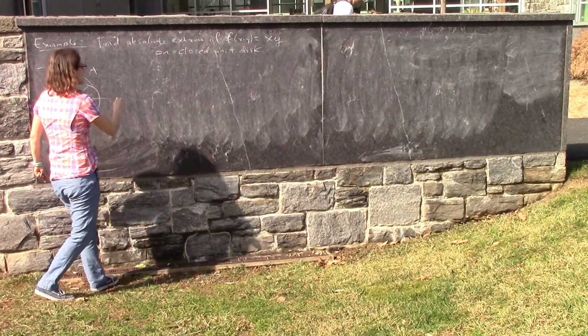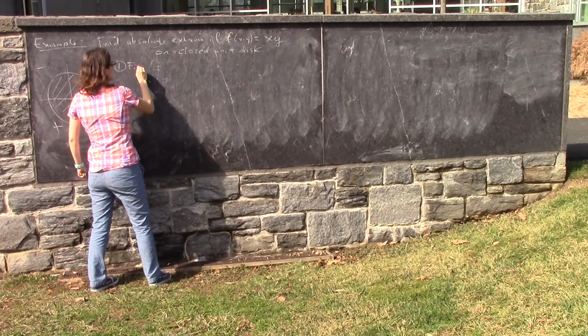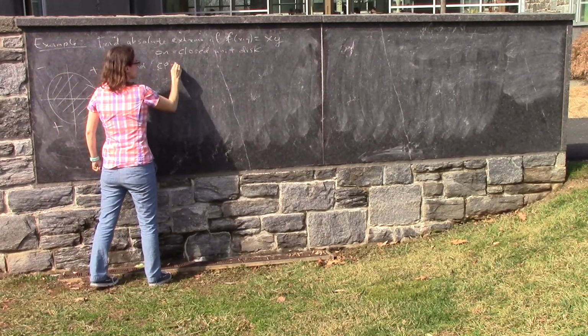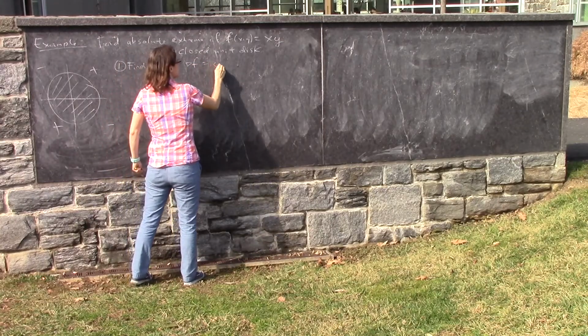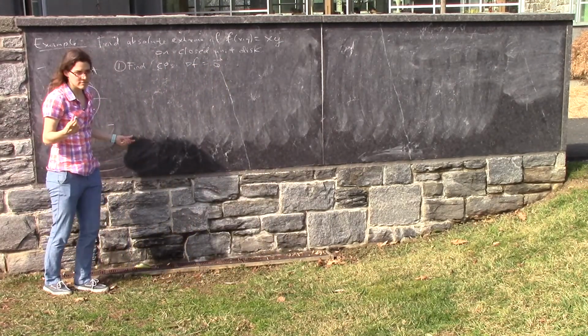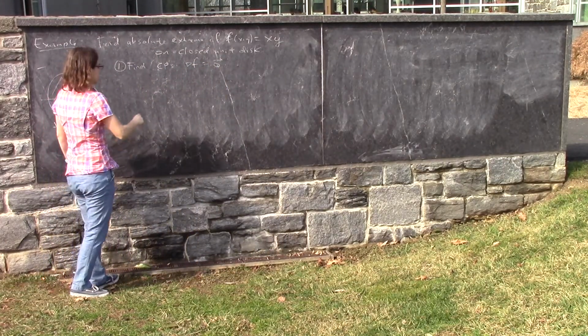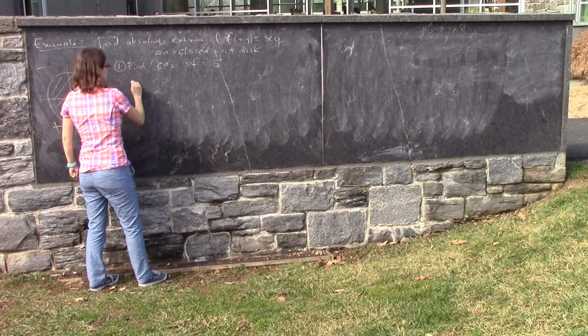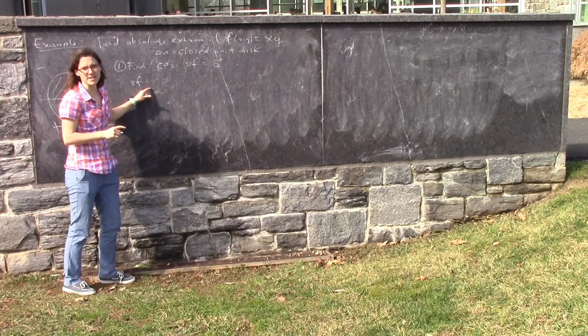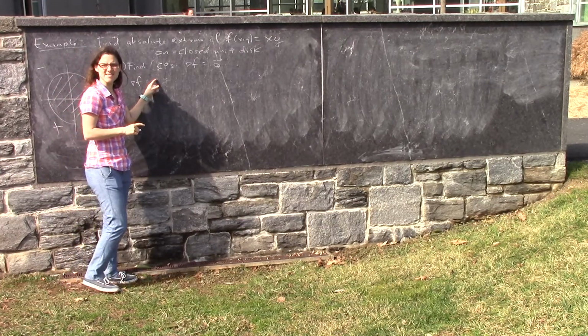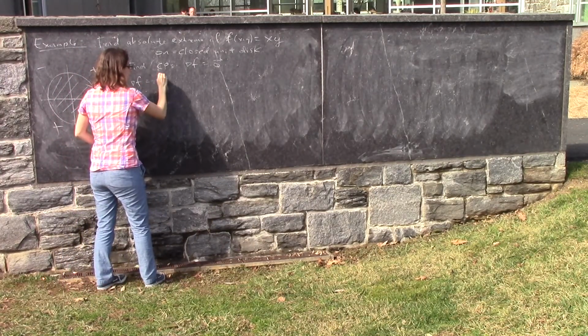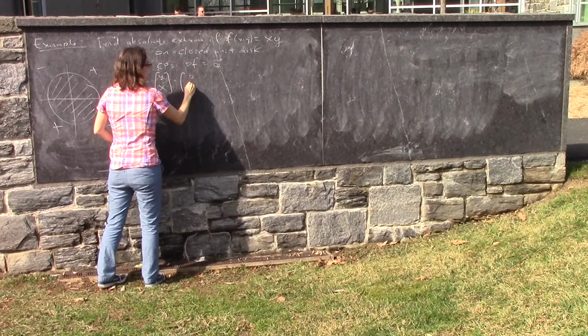Okay, let's do it. First we have to find critical points, places where the gradient of f is equal to 0. So this is on the interior. The gradient of f, can you say what it is? Derivative with respect to x is y, yep, and derivative with respect to y is x, and we set that equal to the 0 vector.